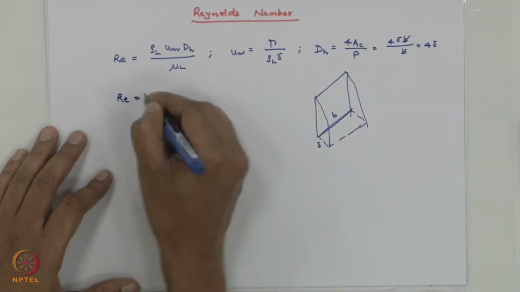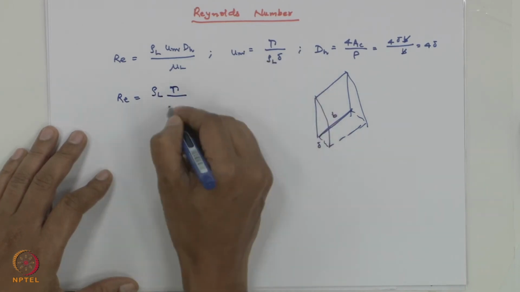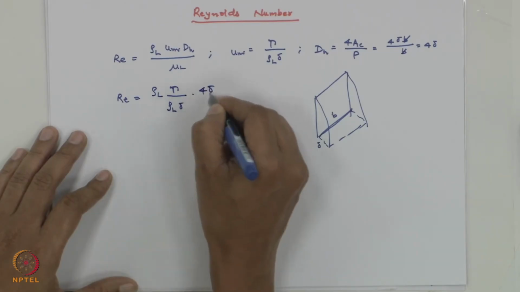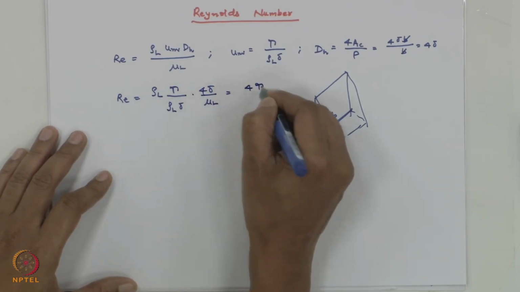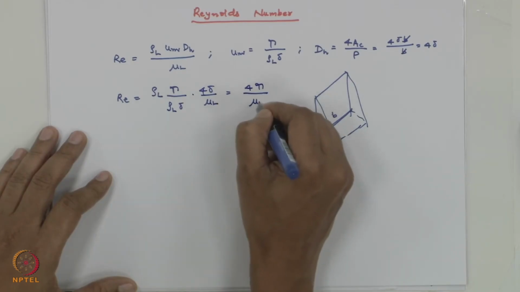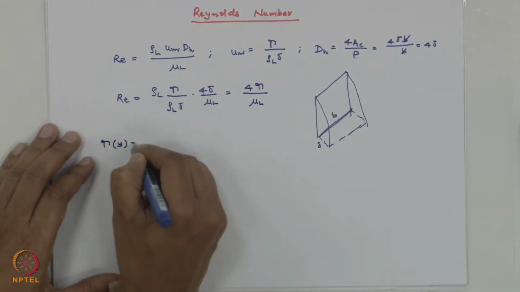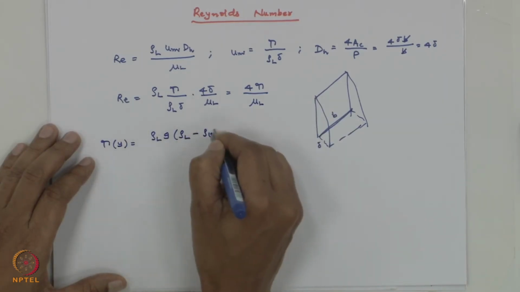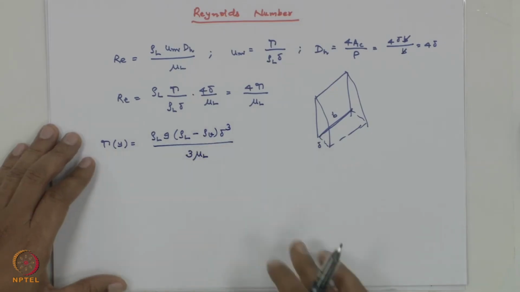So Re equal to rho L u_m, that is gamma, the mass flow rate per unit width, by rho L delta, into 4 delta by mu L. So that fetches you 4 gamma by mu L. Remember, gamma is a function of y. So gamma of y equal to rho L g into rho L minus rho V delta cube, by 3 mu L. We have derived this earlier, so I am just borrowing that.